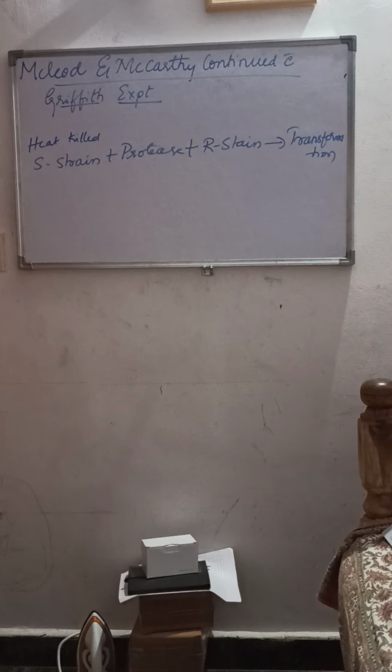But in the third case, the DNA of heat killed S strain is the genetic material, because DNase digests the DNA mixed with the R strain, hence there was no transformation. So it was proved that DNA is the genetic material which brings about the transformation. That was about MacLeod and McCarty, who continued with the Griffith experiment.